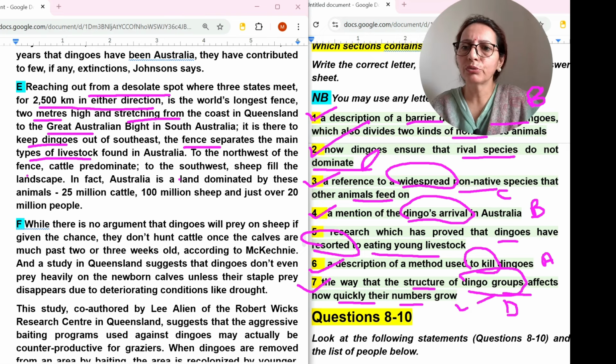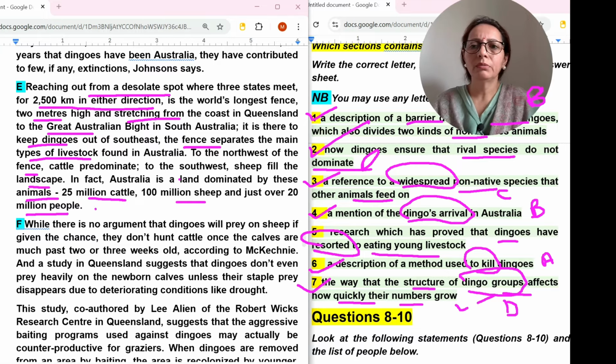To the northwest of the fence, again they are talking about the fence, cattle predominate. To the southwest, sheep fill the landscape. Okay, in fact, Australia is a land dominated by these animals: 25 million cattle, 100 million sheep, and just over 20 million people.